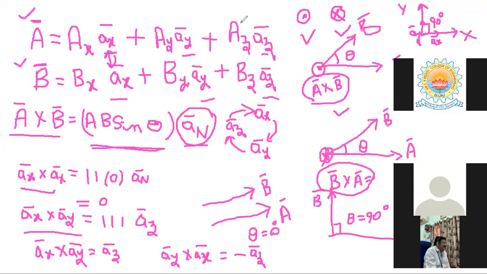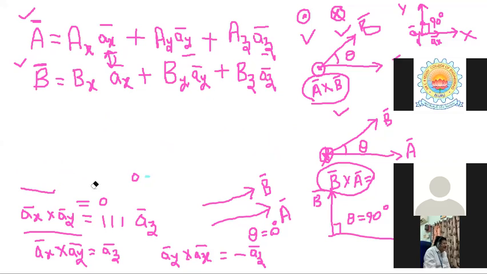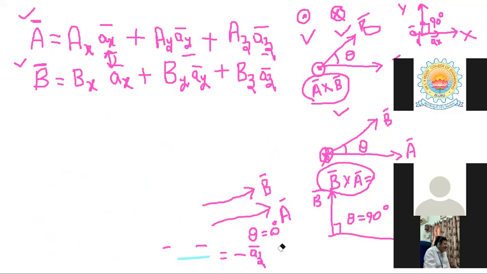We don't multiply in this fashion. We calculate the cross product between two vectors, A cross B, by taking it in matrix form and calculating the determinant of the matrix, which gives A bar cross B bar.